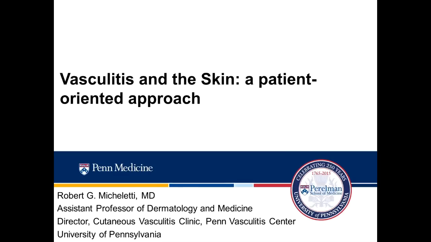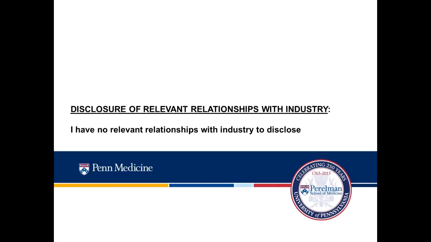I recognize that among the people who might be listening in, people have different types of vasculitis, different rates of skin involvement, different types of skin involvement. So with that being said, some of what I might say may be more or less relevant at different points of time, but I'll try to provide a general overview of what we see and what the significance of it is.